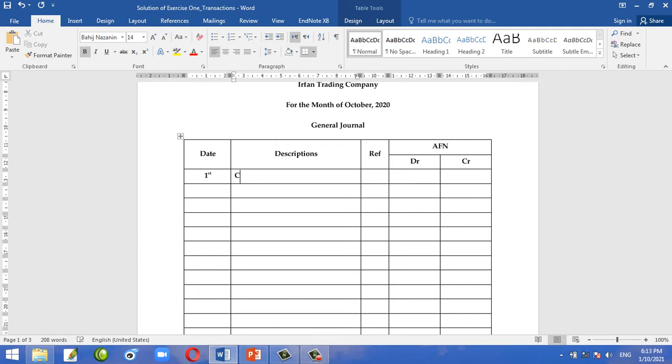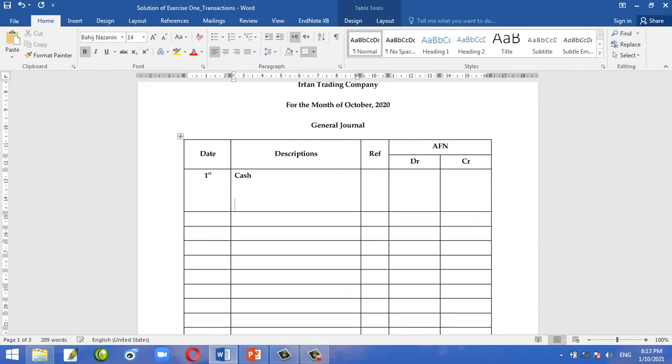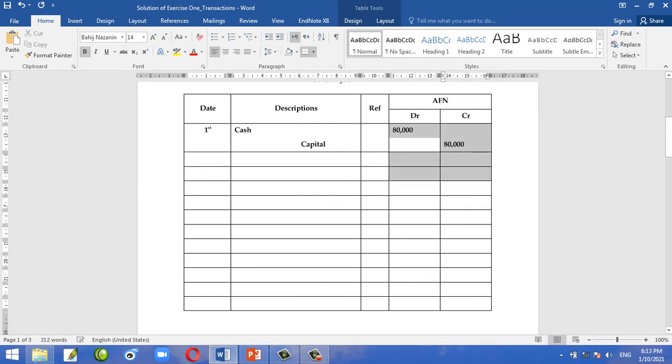So here you can write cash against capital, because we have received the capital for the investment. The amount is 80,000 Afghanis as a debit, and also 80,000 Afghanis as a credit. So this is the first transaction that we have in our organization. Come to the second one.